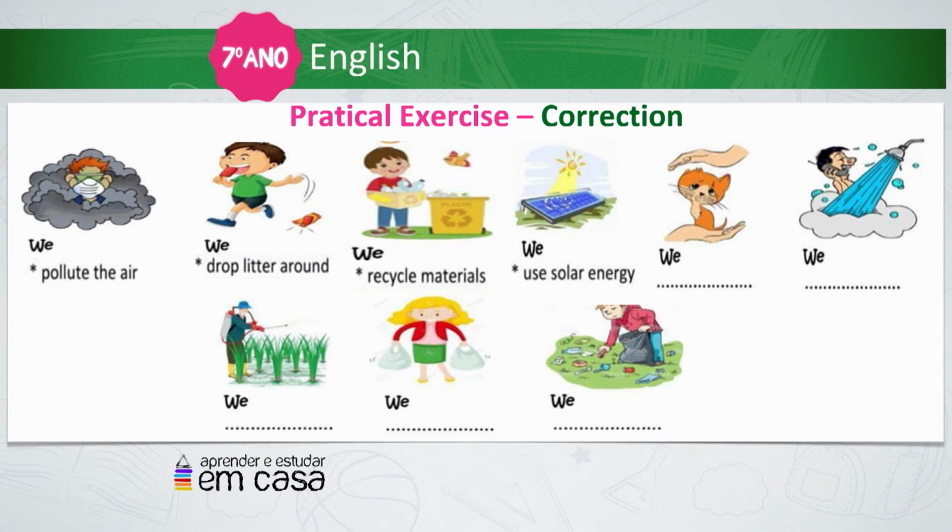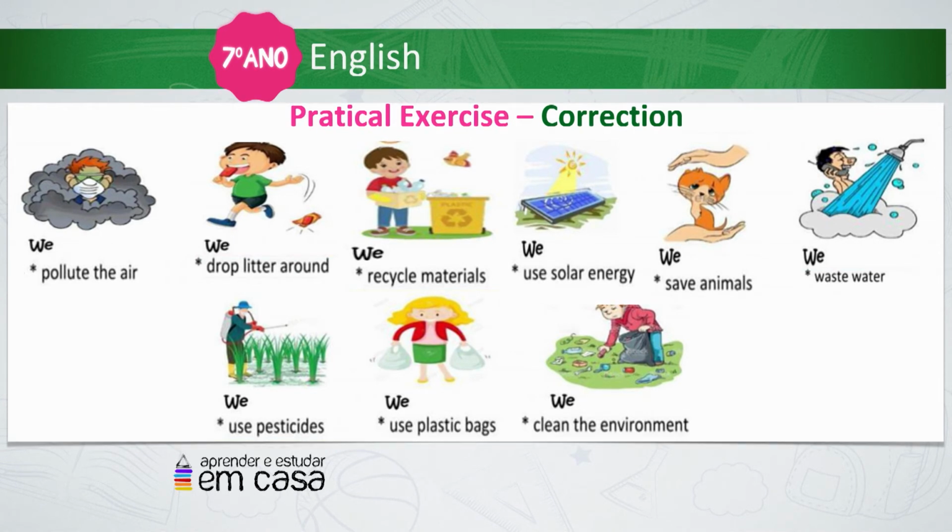Number 5, save animals. And then we have number 6, waste water. Number 7, use pesticides. Number 8, use plastic bags. And the last one, clean the environment.